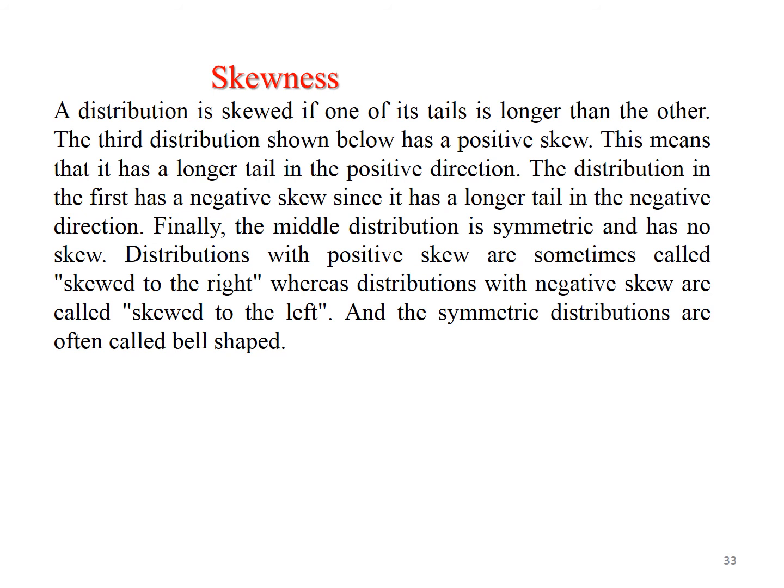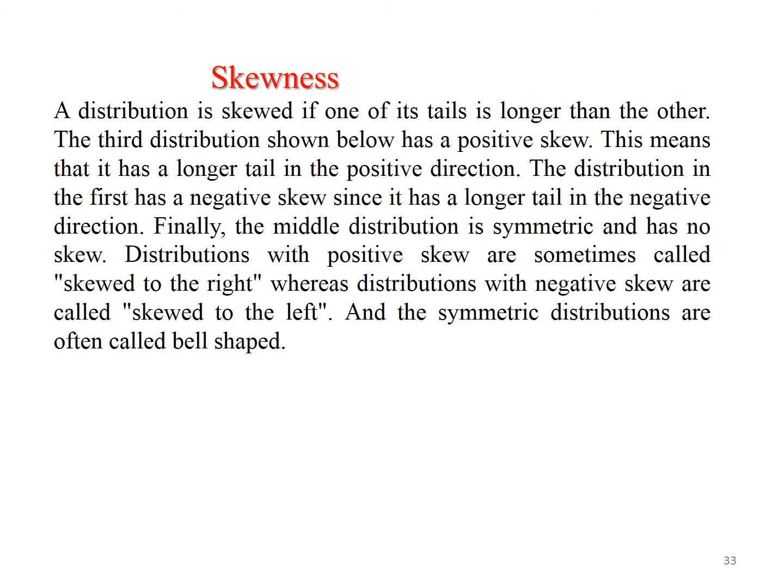And next, skewness. In this section we will just introduce skewness, but later we will discuss skewness calculation in a mathematical way. In this case, we identify skewness based on the histogram, the graphical way.